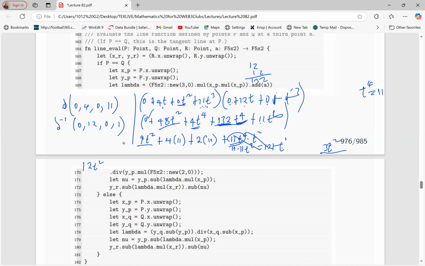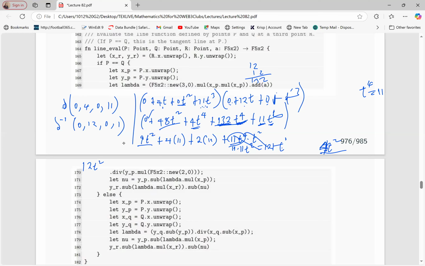Let's come here. This was 11t raised to 4. That is 11 times 11, 121, divided by 13. It goes there 9 times. The remainder is 4, not 3. It's supposed to be 4, not 3.